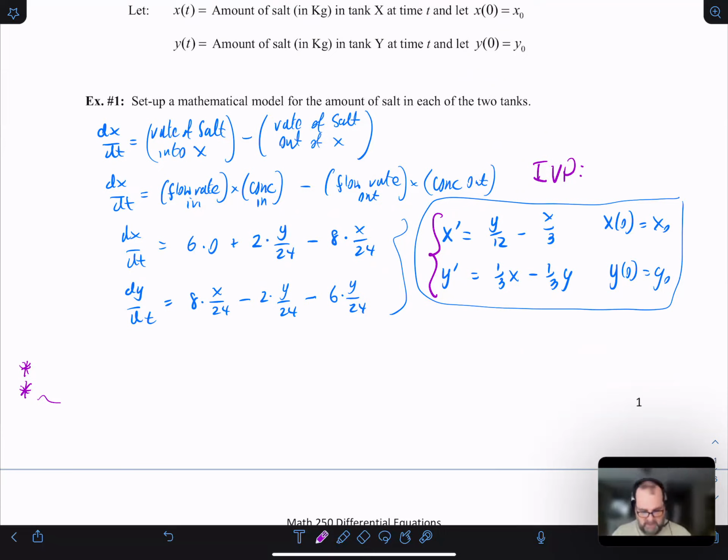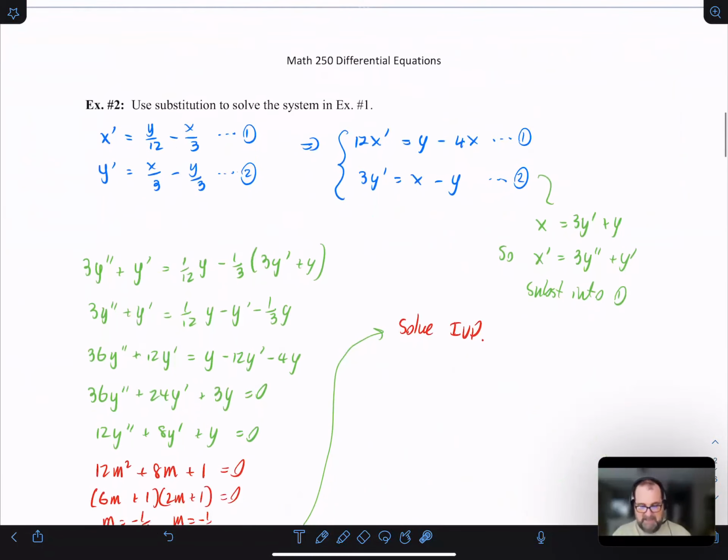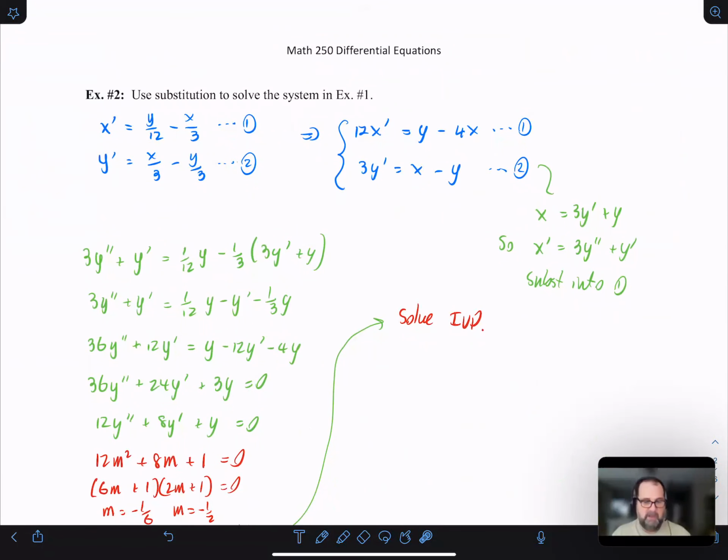All right, so this is just an example of an actual application that would result in a system of equations. So our question then would naturally be, how do you solve such a thing? How do we solve a system of DEs? And again, this is analogous to solving systems of linear equations as well.